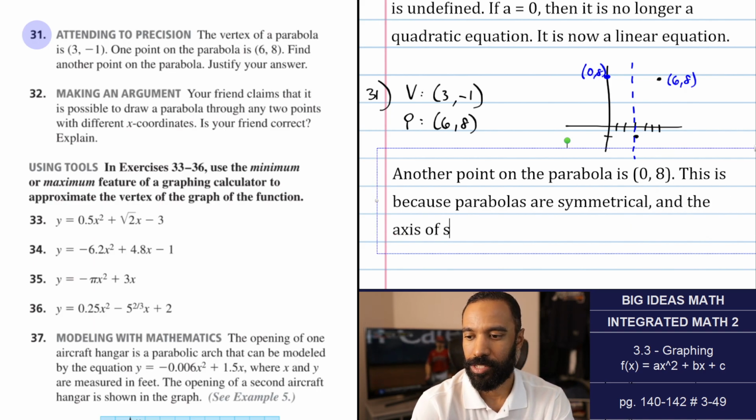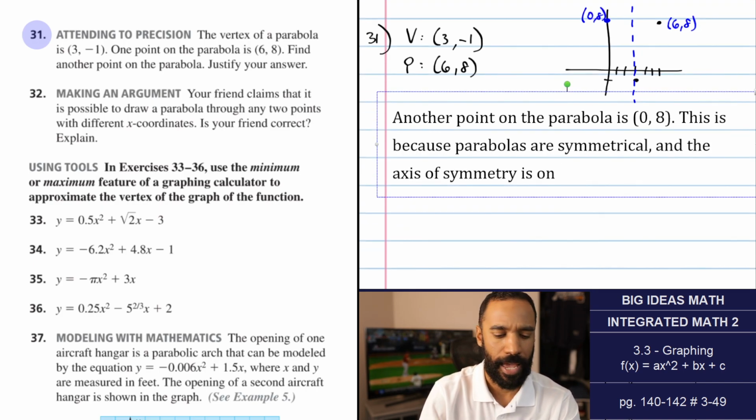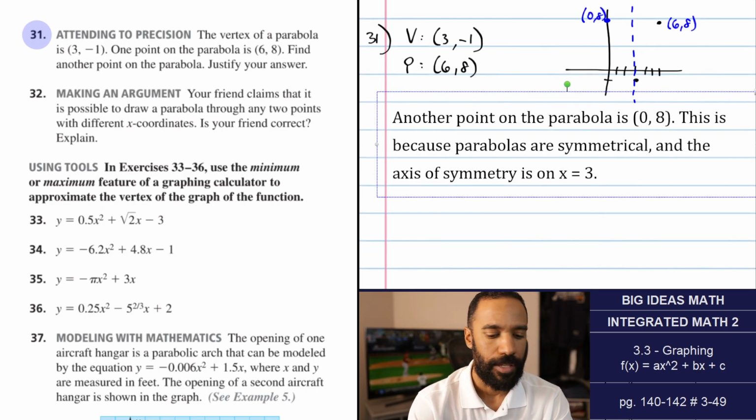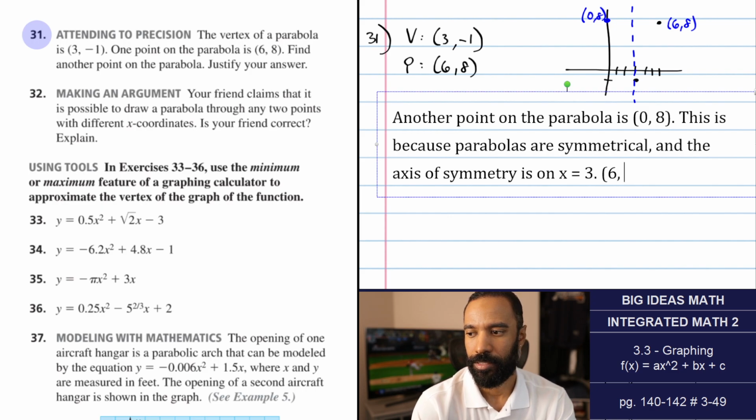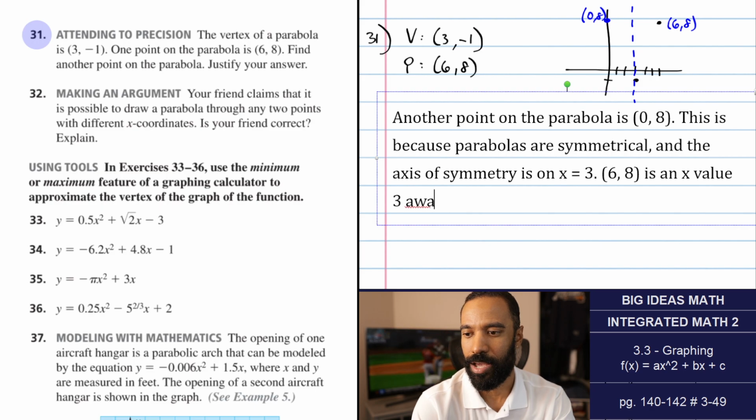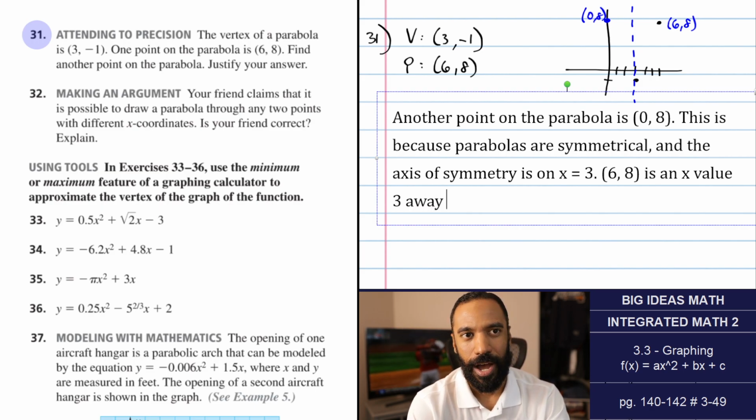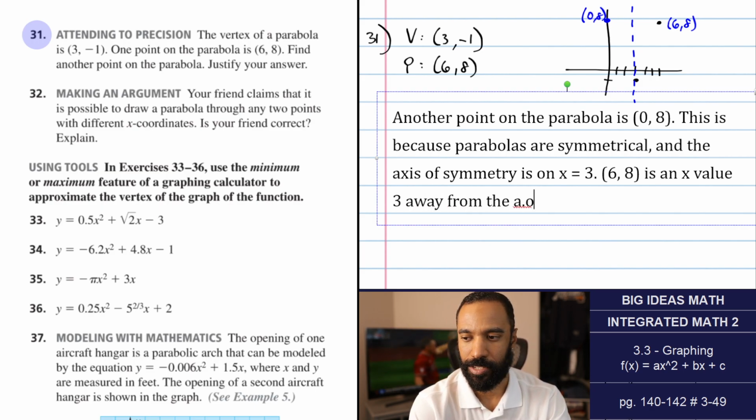And the axis of symmetry is x equals 3. 6 comma 8 is an x value 3 away from the axis of symmetry.